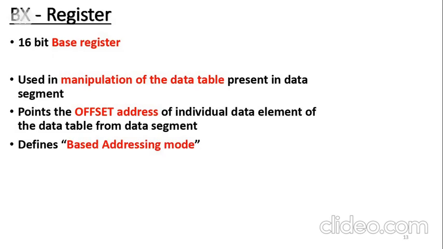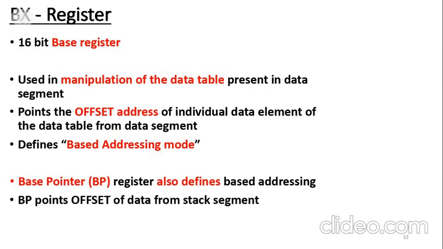And whenever such type of data manipulation takes place, then this addressing mode of the processor is called the based addressing mode. So in short, BX register defines based addressing mode. Now one more register defines based addressing mode, and it is the base pointer register, BP register.